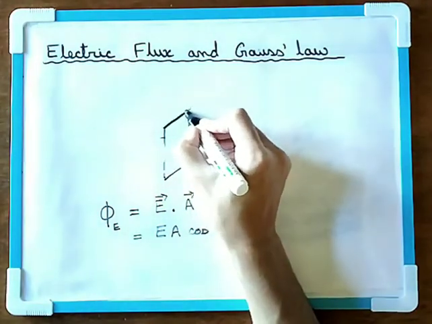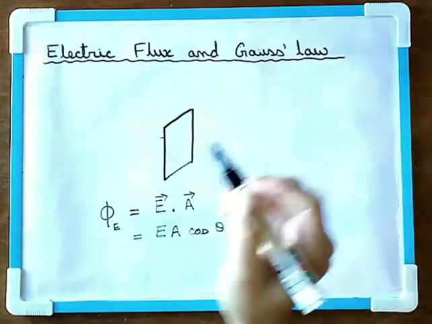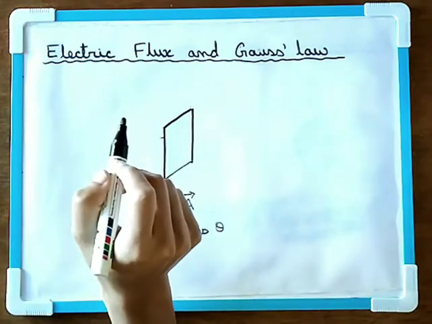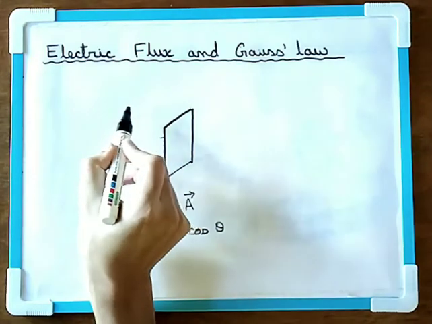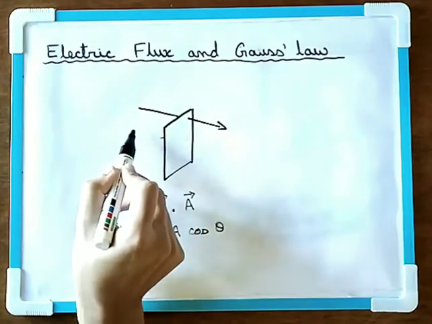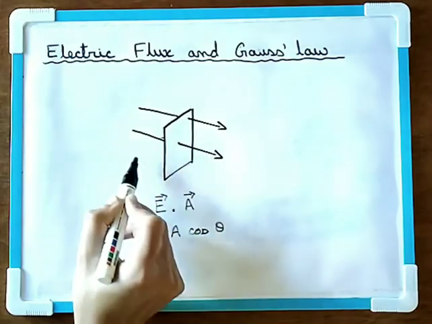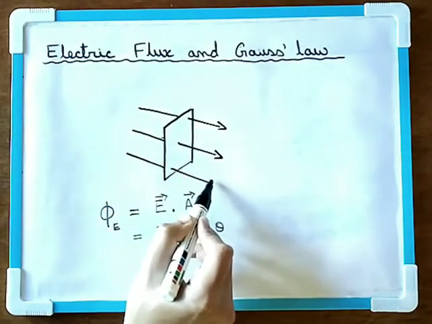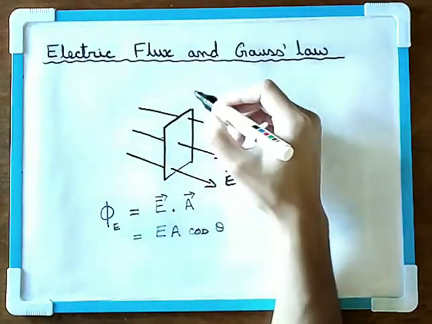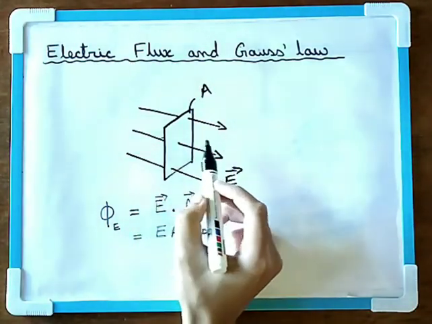For example, if we have a surface area, again here, A, then your electric field lines this time will not cross the surface normally. For example, your electric field lines this time will cross the surface in this direction. So these are your electric field lines, and this is your surface area A. Now in this case your area vector is always normal.